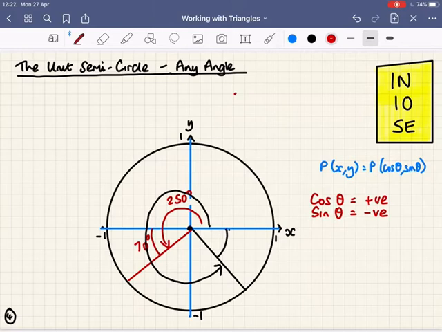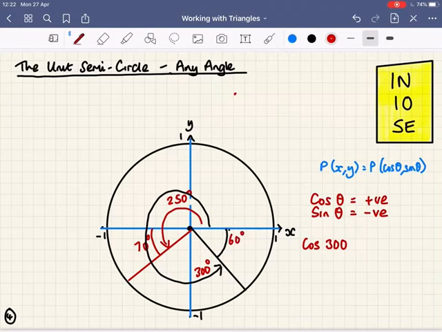And like before, an angle has a partner with a similar value. So let's imagine this was an angle of size 300 degrees. So cosine 300 degrees. Its partner, if this was 300 degrees all the way around to there, this angle here, the partner would be 60 degrees.